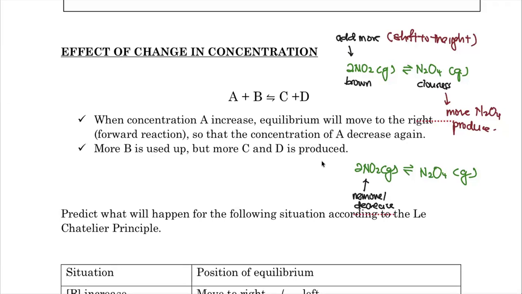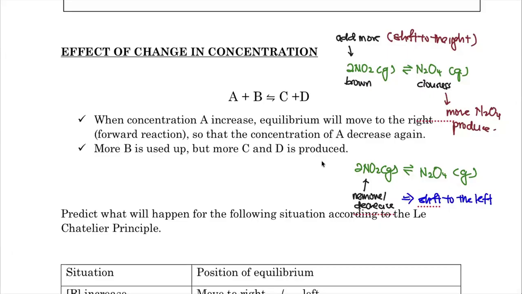So as a result, the equilibrium will shift to the left side to form more NO2, because I removed it. They will react and want to form more NO2, and the brown color becomes darker. So this is the so-called effects of change in the concentrations.